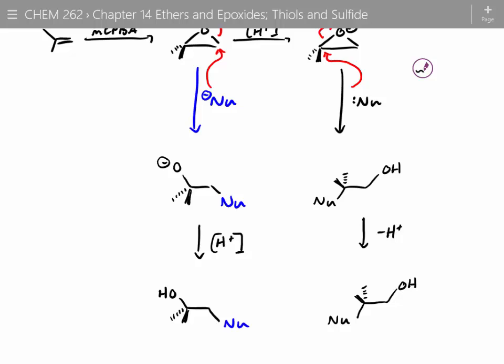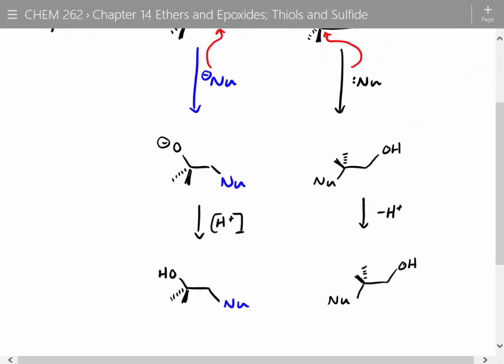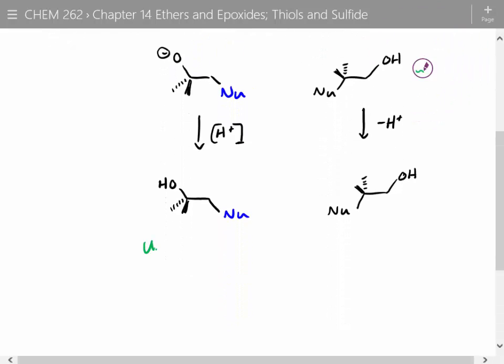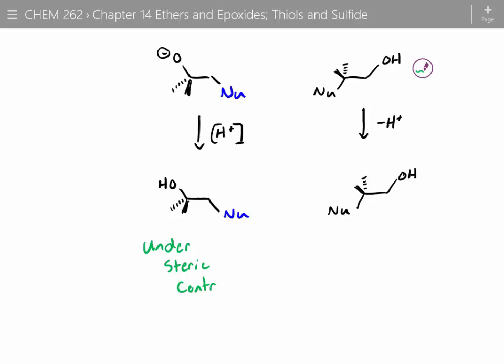So really when we're comparing these reactions, there's two competing ideas at play. If we're looking at the nucleophile with the negative charge, we're looking at sterics. So we'll write this underneath. We'll say under steric control. And this one is under electronic control.